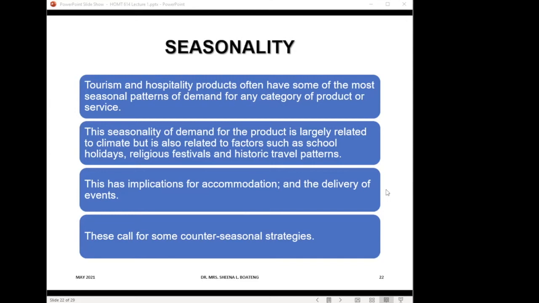And like we have identified, all of these have implications for accommodation and the delivery of events as well as other services. So in strategizing, most of the time when it comes to seasonality, the move is for counter-seasonal strategies that will help to offset the downsides of the seasonality of the services that are offered in this sector.